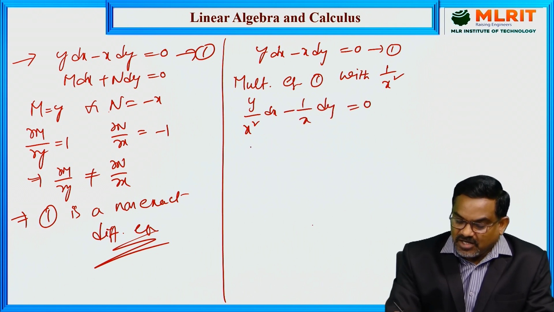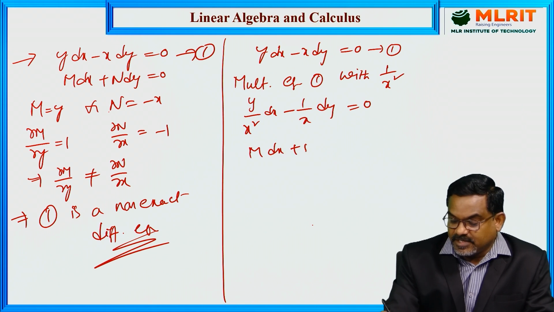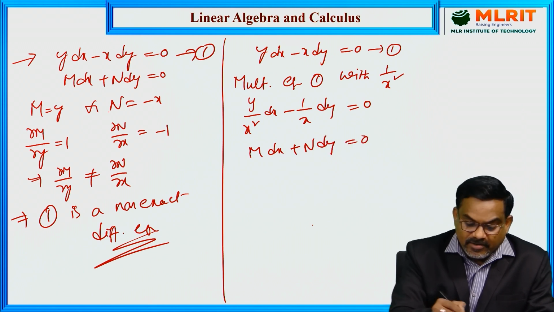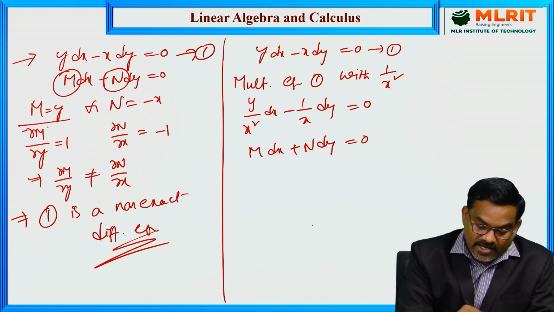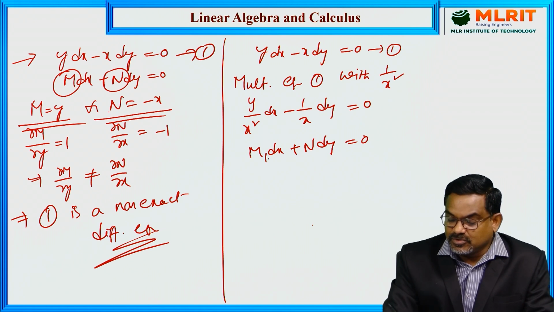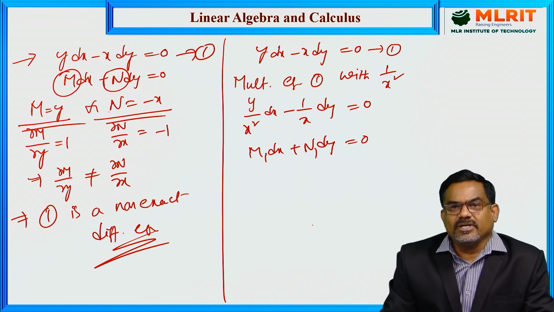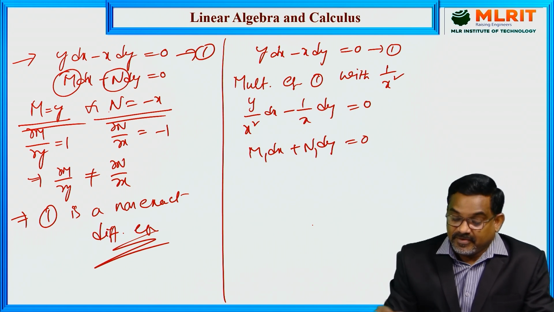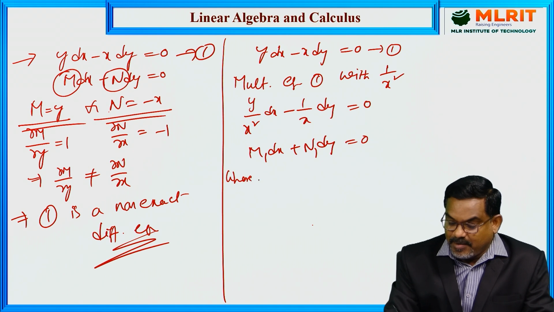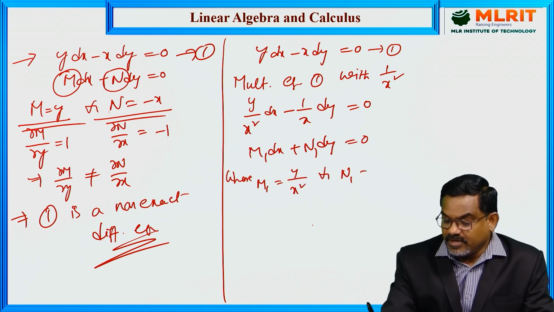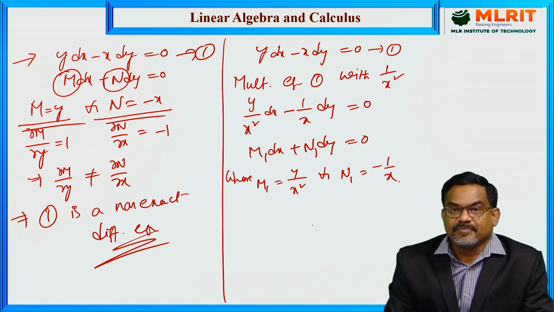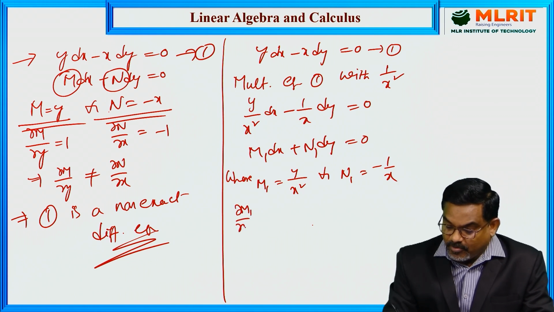So which is also in the form of m dx plus n dy equal to 0. But already we have used that notation here, m and n. So let us use a new notation, m1 dx and n1 dy, where m1 is y by x square and n1 is minus 1 by x. Then what is dou m1 by dou y?